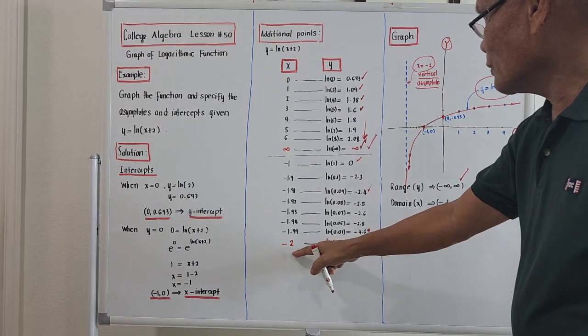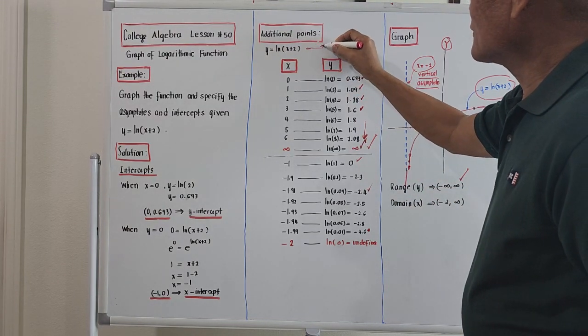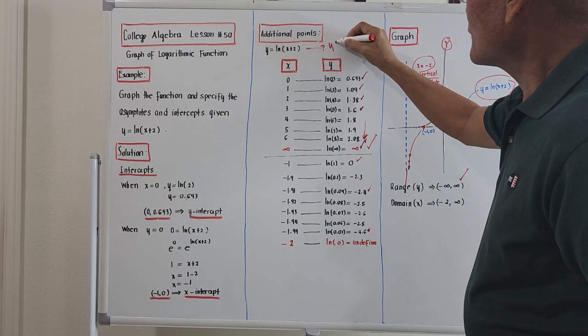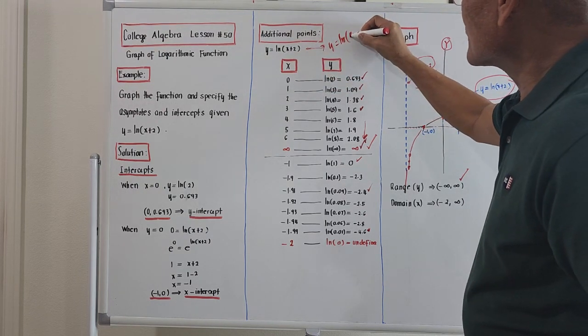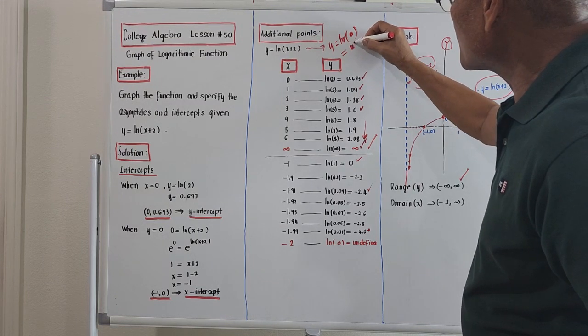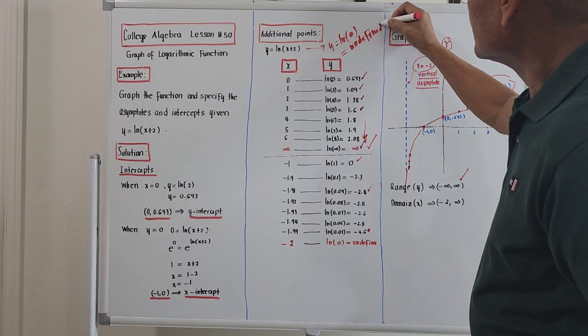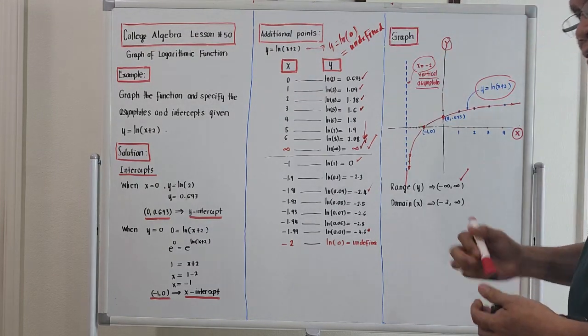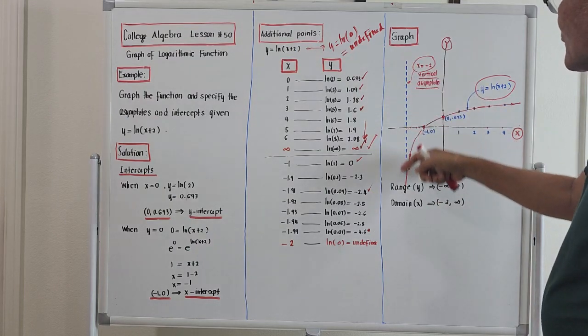Supposing when x is equal to negative 2, what will happen? If you place x equal to negative 2, y should be equal to the natural logarithm of negative 2 plus 2, which is 0. And there is no such thing as the natural logarithm of 0. This is undefined. So, meaning to say, the graph did not cross the vertical asymptote.